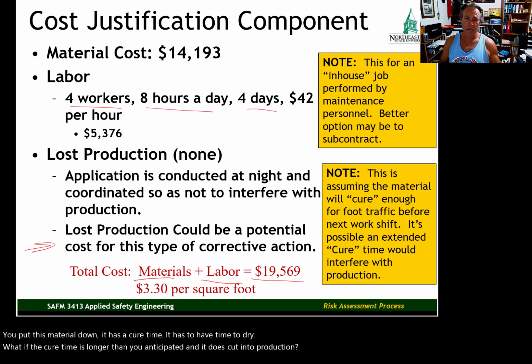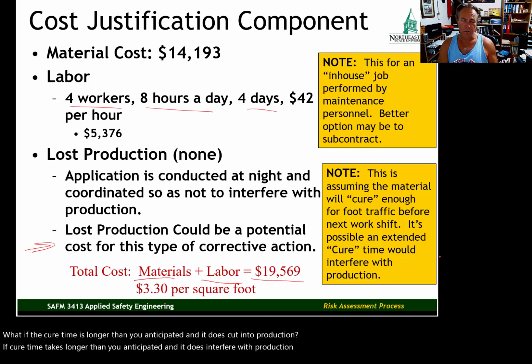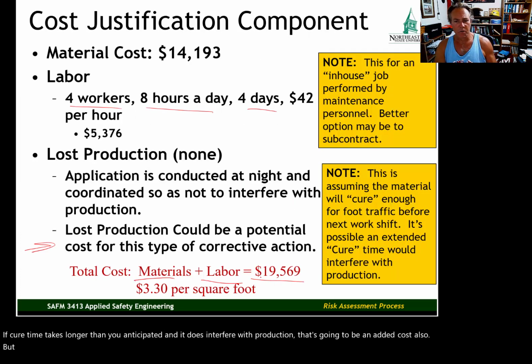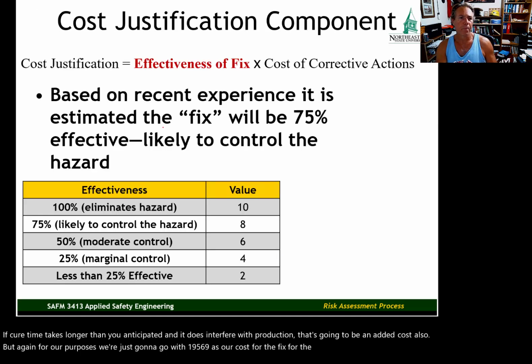If cure time takes longer than you anticipated and it does interfere with production, that's going to be an added cost also. But again, for our purposes, we're just going to go with $19,569 as our cost for the fix, for the corrective action.